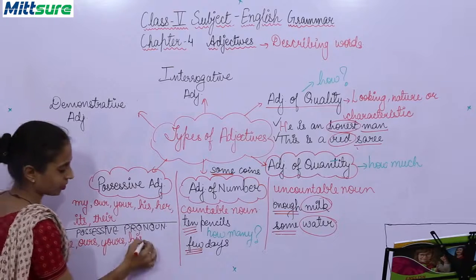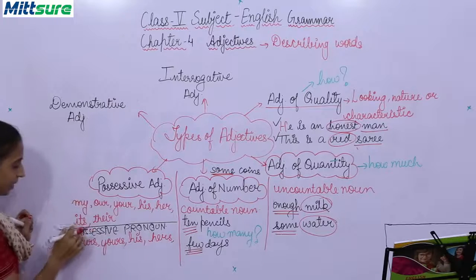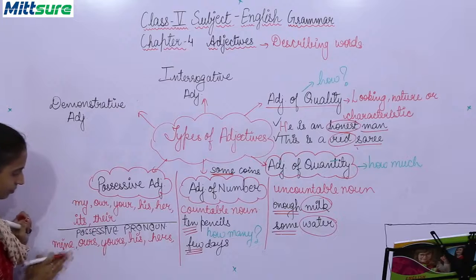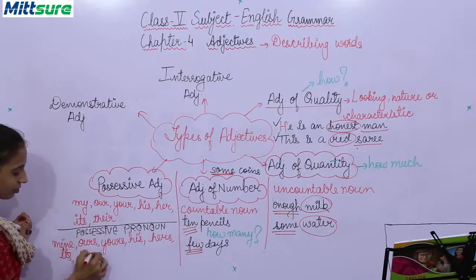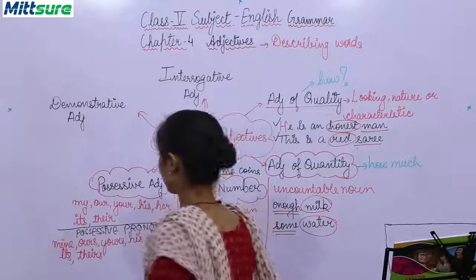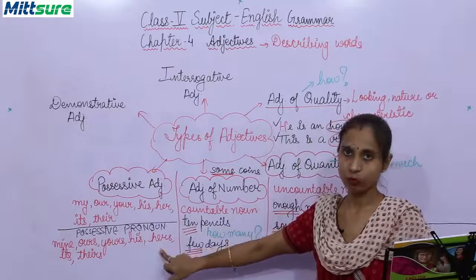Her, hers. Then its also will remain the same. Their, theirs. So, this is the difference. These were possessive adjectives and these were possessive pronouns.